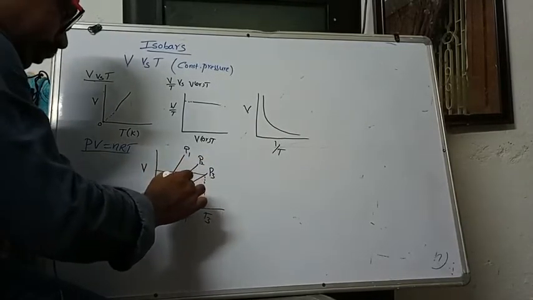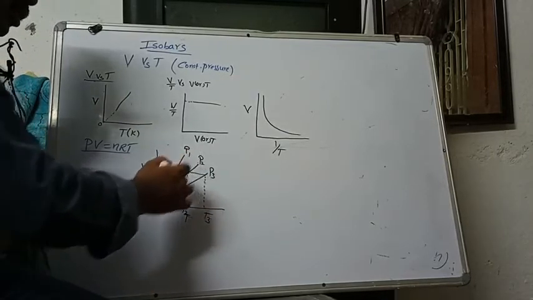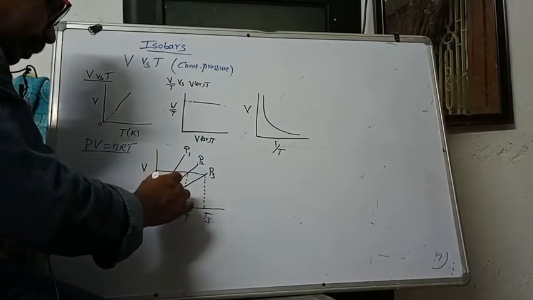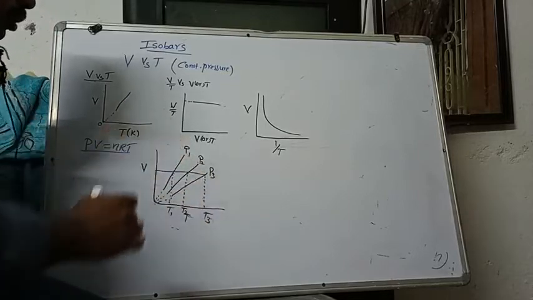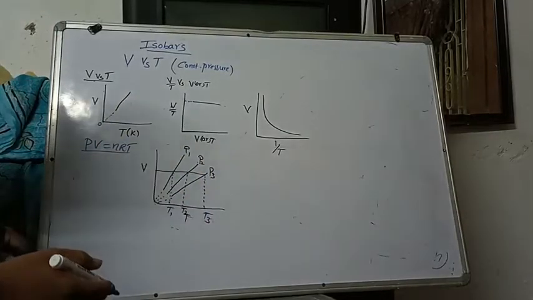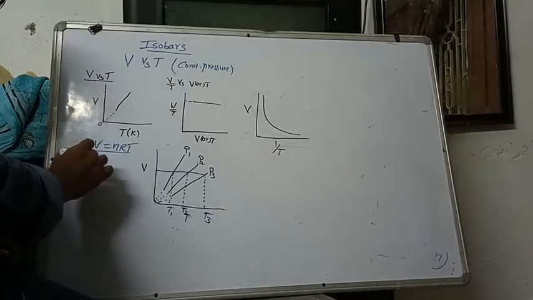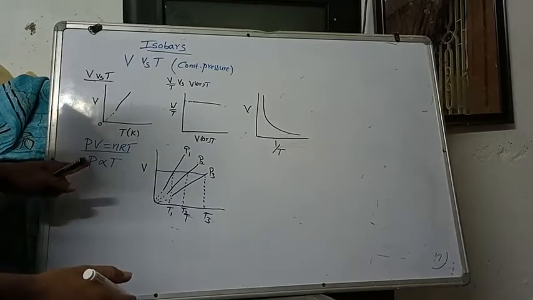This point here I take as T2, the pressure corresponding to temperature T2, and this point I take as T1, because this P1 corresponds to T1. What is the relation between pressure and temperature? Pressure is directly proportional to temperature, or not?